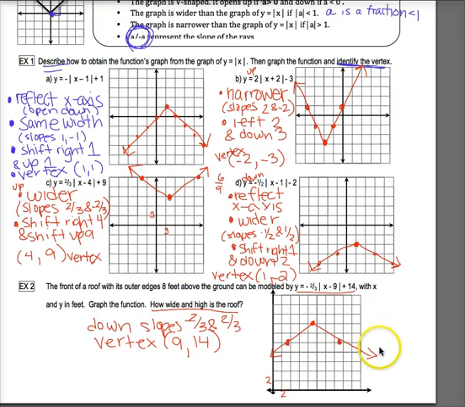But we are talking about a roof, and specifically, it tells you that the outer edges are 8 feet above the ground. 8 feet above the ground, 2, 4, 6, 8. 8 is right here, which means the outer edge should go where that is, which is right here.